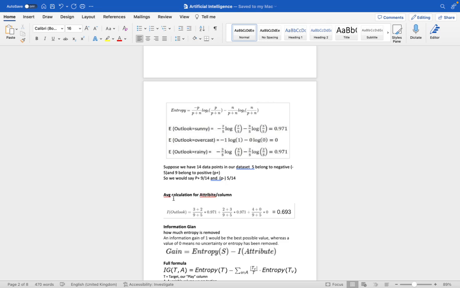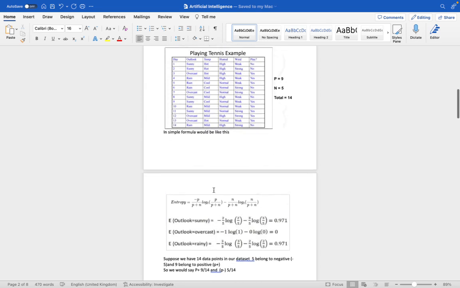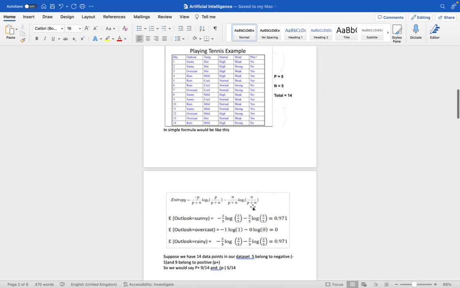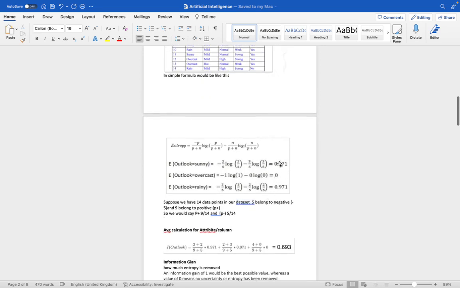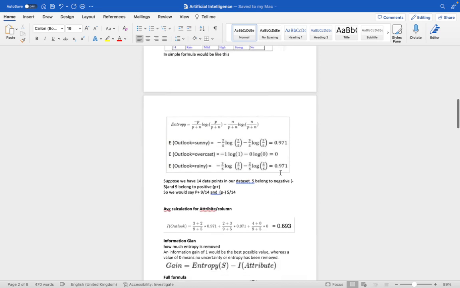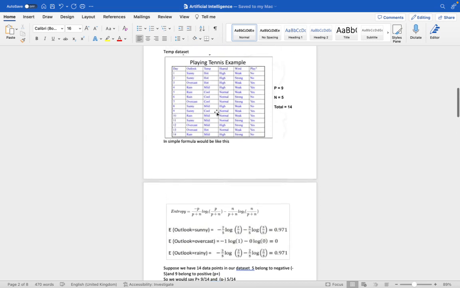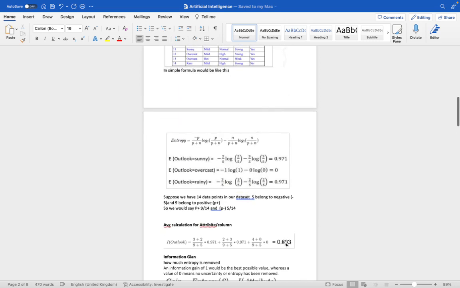So this is the value for the outlook, and we will calculate the same for the temperature, with the same formula. The value will be different, and you have to calculate it for the temperature.